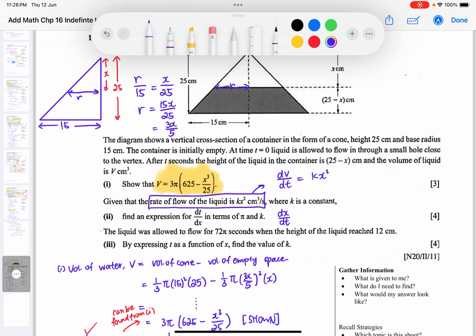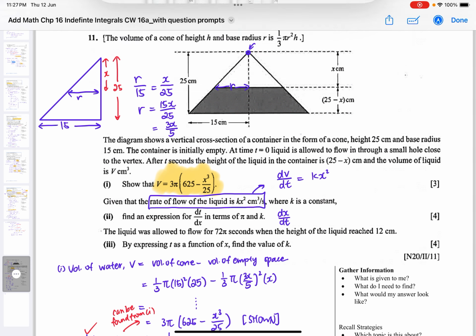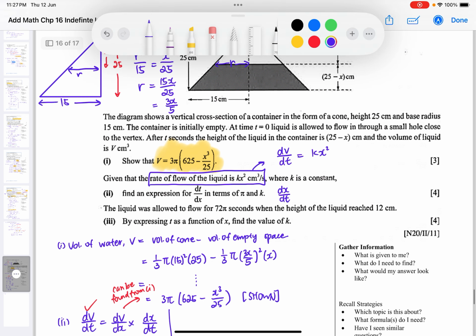The liquid was allowed to flow for 72 pi seconds when the height of the liquid reaches 12 cm. By expressing t as a function of x, find the value of k. Okay, so the liquid was allowed to flow for 72 pi seconds when the height of the liquid reached 12 cm.